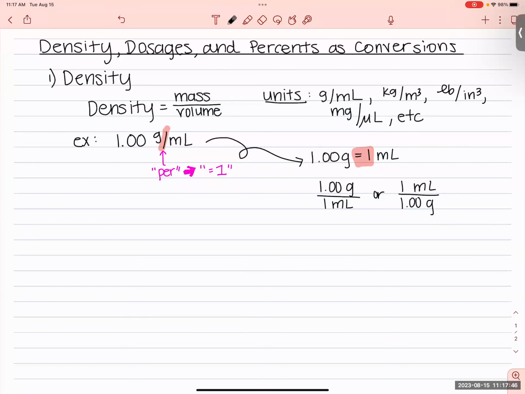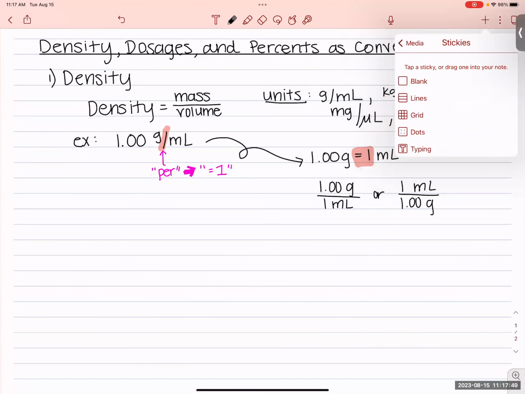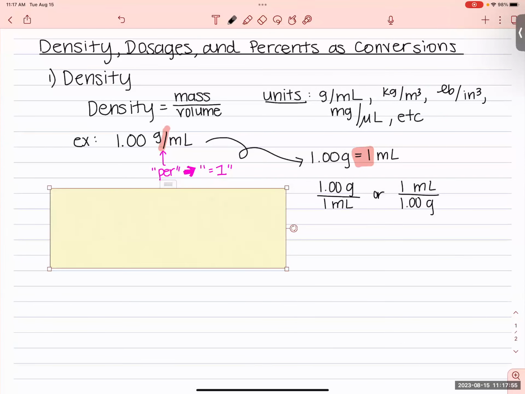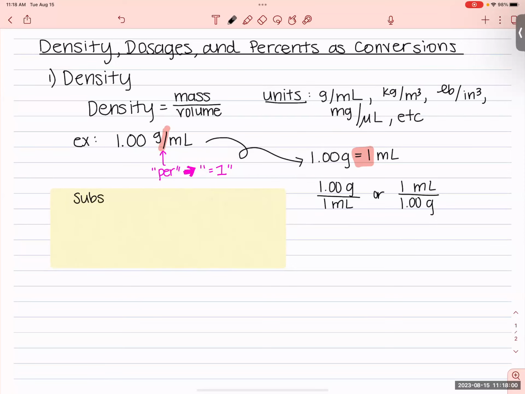Now, it's important to note here with density that the substance is the same on both sides. So for example, if I am saying this density of water, it would be 1 gram of water equals 1 milliliter of water.